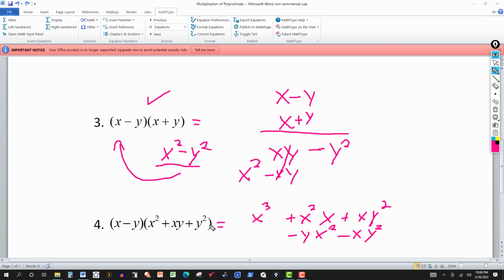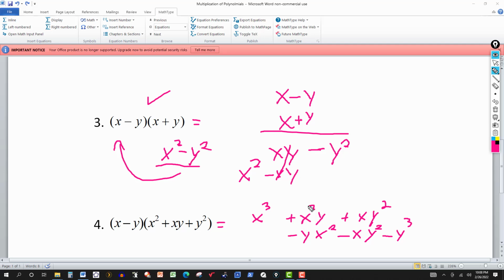And then minus y times y squared, bring down, it's a minus, so minus y times y squared is y cubed. This one right here is a y. Yeah, this is a y.